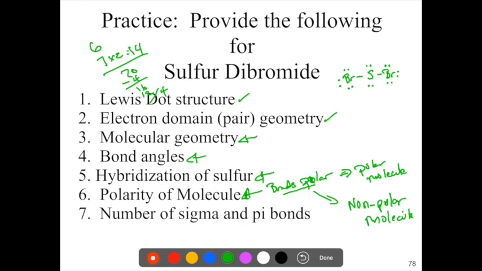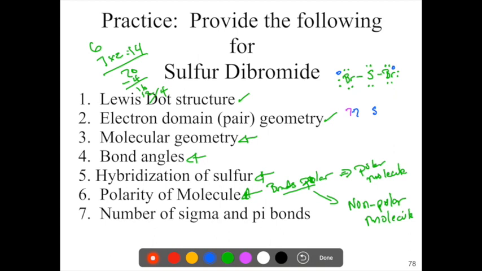I will now do formal charge. Formal charge here is 7, comes from the bromine, and I count 1, 2, 3, 4, 5, 6, 7. And 7 minus 7 is 0. This bromine looks exactly the same.